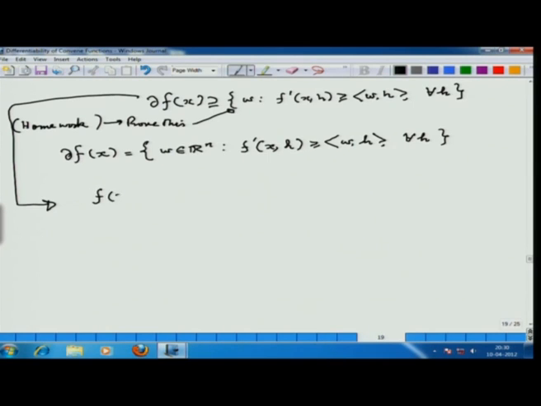If you look at this expression, for a fixed lambda and fixed x and h, this difference quotient is nothing but a function of lambda.